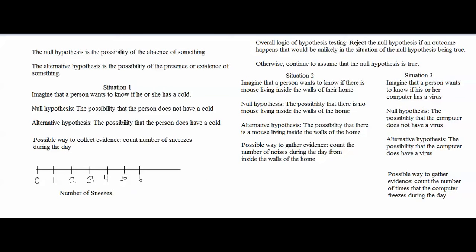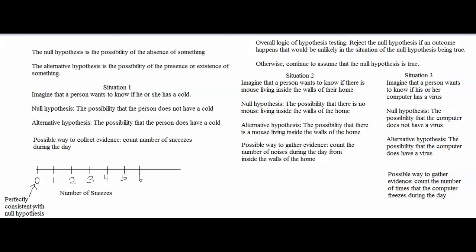We have one outcome that's perfectly consistent with the null hypothesis, meaning it shows no evidence against the null hypothesis. And that outcome is 0 sneezes. So if I sneeze 0 times during the day, that gives me no reason to think that I have a cold.